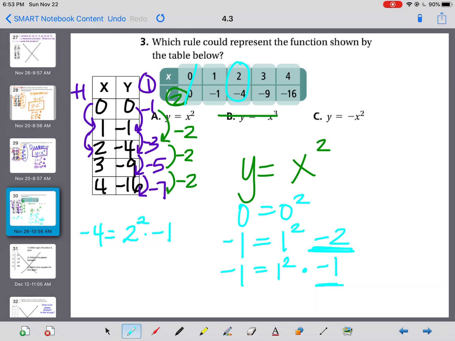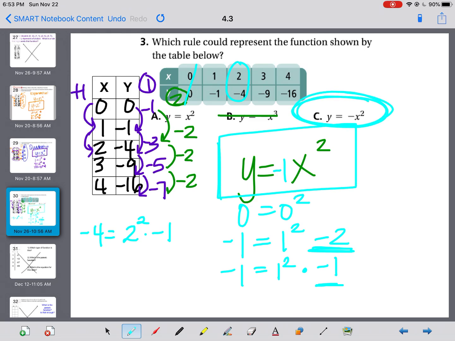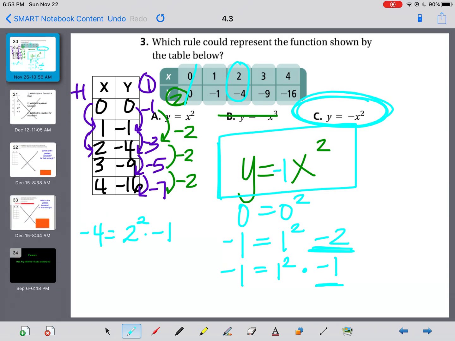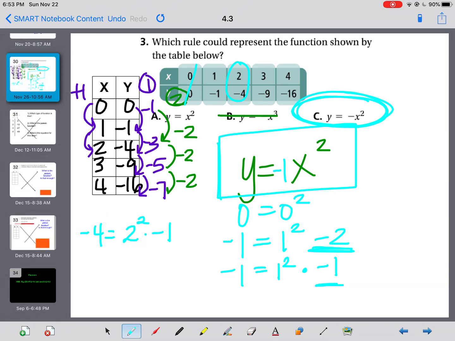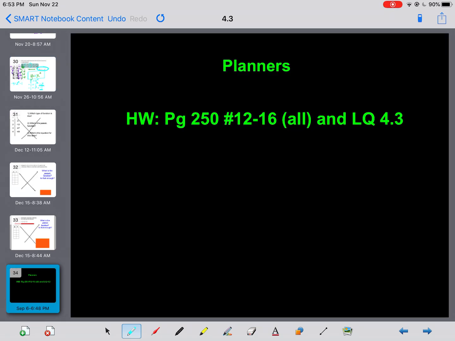Okay, well, if I did 2 to the second power, I get 4. If I subtracted 2, that isn't going to get me to -4. But if I multiply by -1, that will get me my -4. So that means in my rule here, I just need to make sure I multiply it by -1, and that is going to be my rule. So letter C is the function rule I'm looking for.